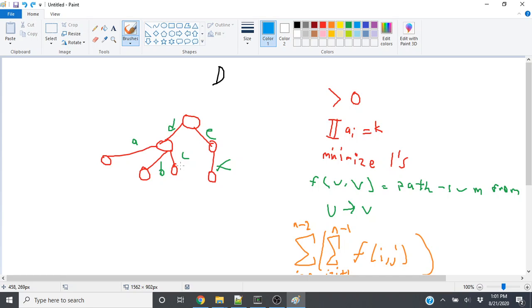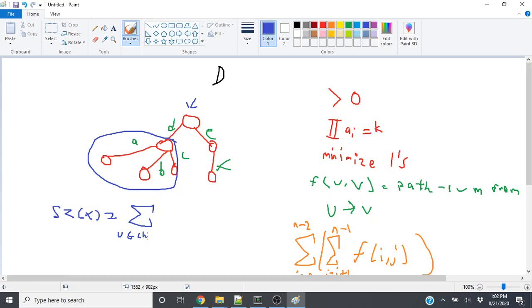The implementation for doing this is basically counting subtree sizes. Say we have the tree rooted here, and then we do some DP. This is simple. You can check my code if you don't understand how to do it. For computing subtree sizes, size of x equals the sum over all u that are children of x, so u is an element of the set of children of x, of size u, and then all that plus 1 because x is a vertex itself, so it counts.